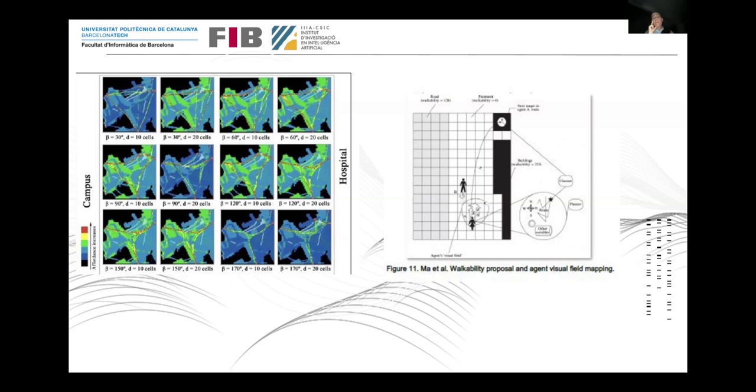So in that sense, Ma et al. label the different patches of their environment regarding their walkability characteristics. And that's the characteristic that the agents use, since, following the initial principles of the DepthMap agent-based implementation, they do not have a map of the environment.